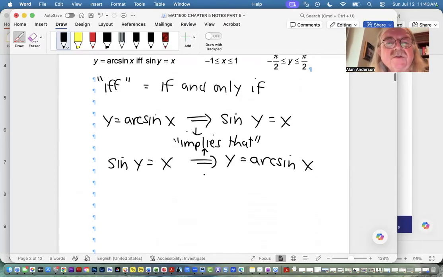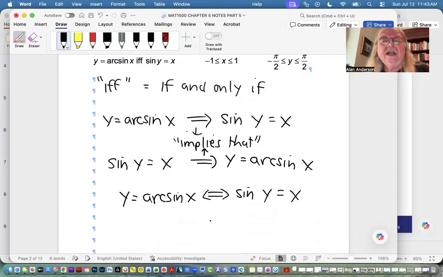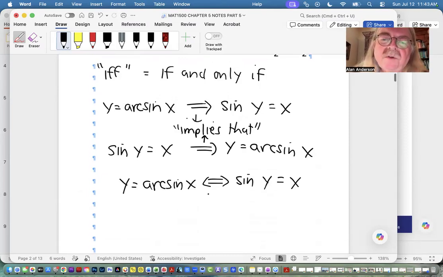Now, sometimes you see this written with a two-headed arrow, and that means that the implication goes both ways.